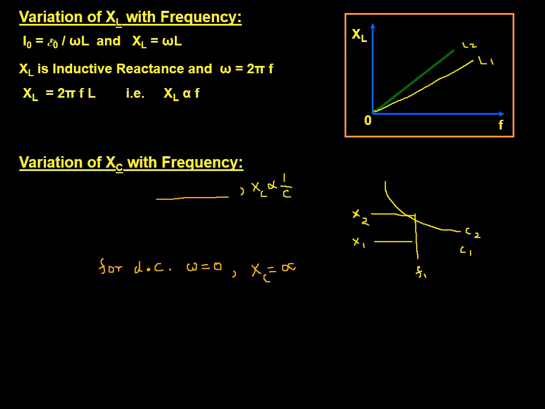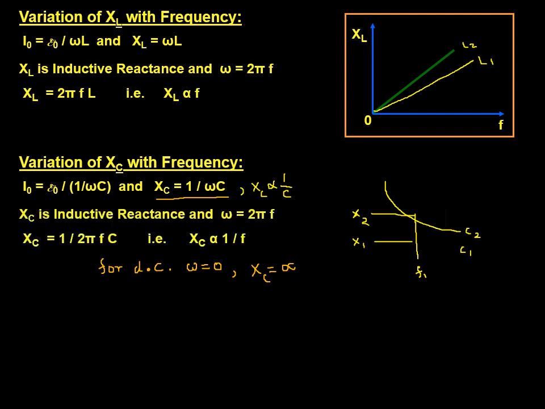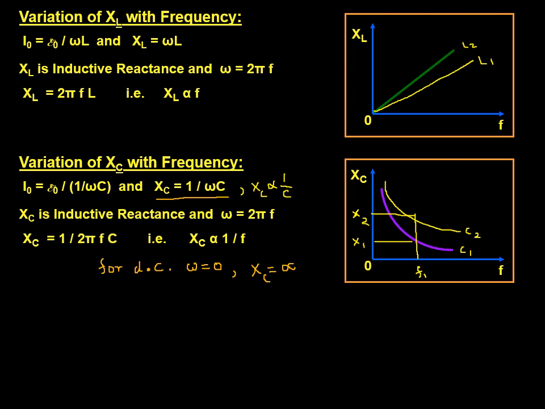And there is the variation of XC with frequency. You see, XC is equal to 1 by omega C. So it is a rectangular hyperbola. How the shape would be: for two different capacitances we have written C1 and C2, and X1 and X2 are the two reactances.